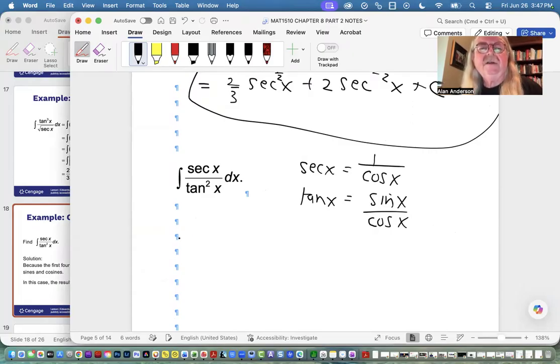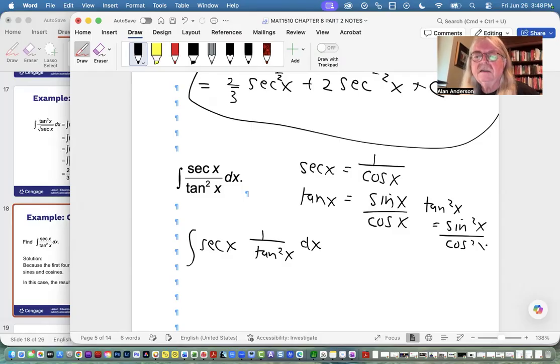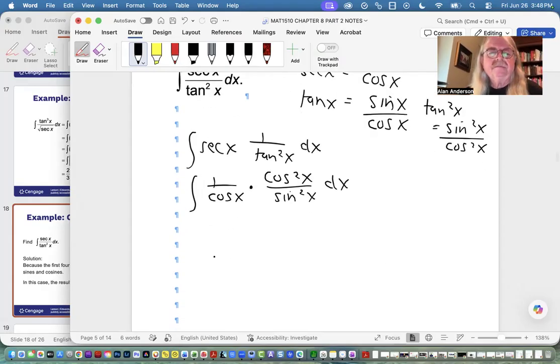So what we actually have here is, now of course this implies that tangent squared of x is the sine squared over the cosine squared. But this is 1 over tangent squared, so you've got 1 over cosine x times cosine squared of x over sine squared of x. And now we can simplify a little bit.